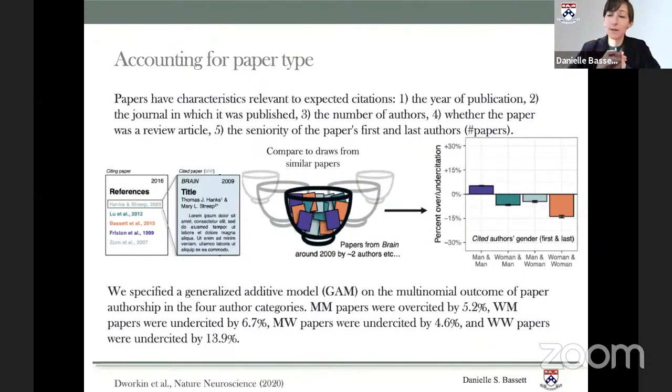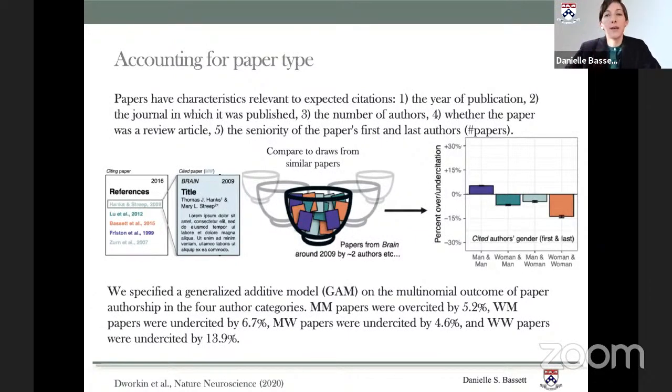So for example, the year of publication of the paper, the journal in which it was published, because even among these top 5, some have greater impact than others, the number of authors, whether the paper was a review article or an empirical article, because review papers tend to be cited more than empirical papers, and then number 5, the seniority of the paper's first and last authors.